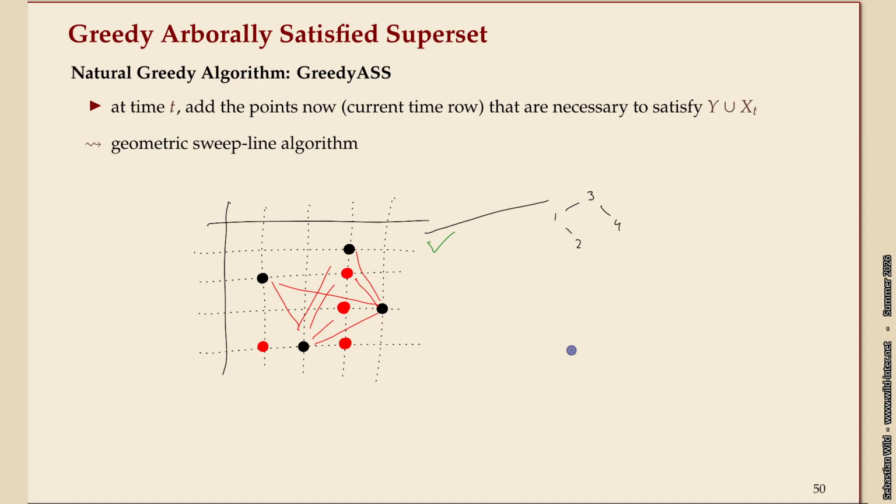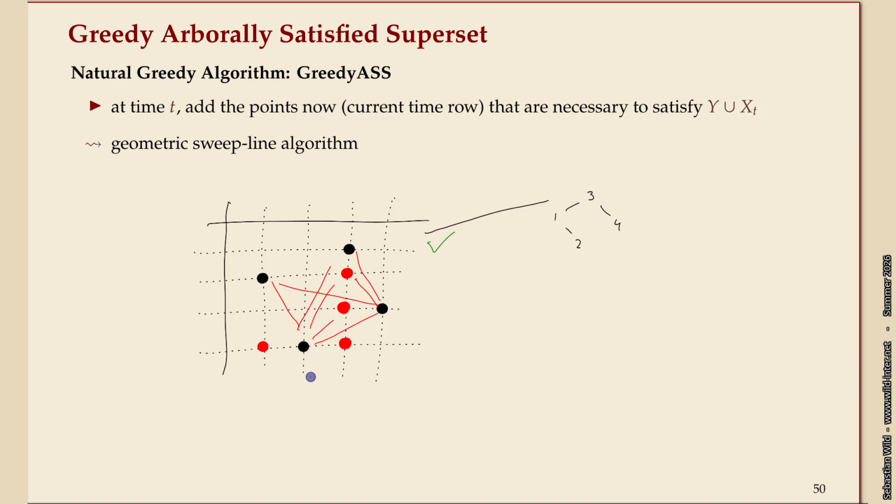So that's a greedy algorithm for building an arborally satisfied point set. It is greedy in the point set, and it is an online algorithm in the point set. It would be cool if that was also a greedy algorithm with respect to the binary search trees. But that isn't quite clear yet, because again, here I've built this initial tree by looking at what happens in the future.